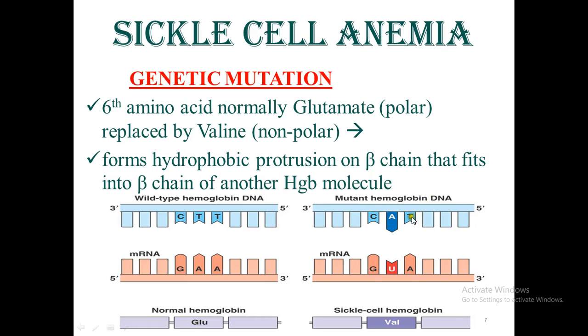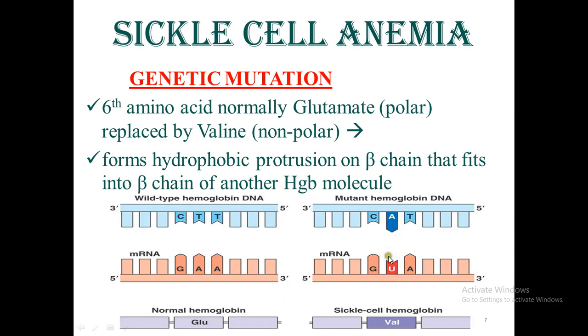Here you can see the mutant DNA of sickle cell anemia patients. Here you see that the middle T nucleotide is replaced by an A nucleotide in the mutant hemoglobin DNA. When this is replaced by A, what will be the complementary nucleotide in messenger RNA?